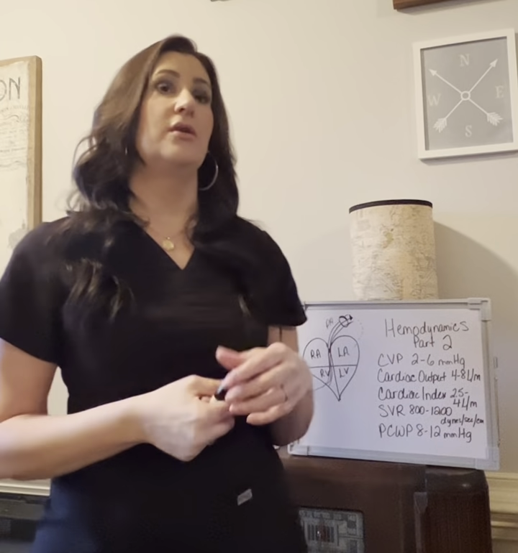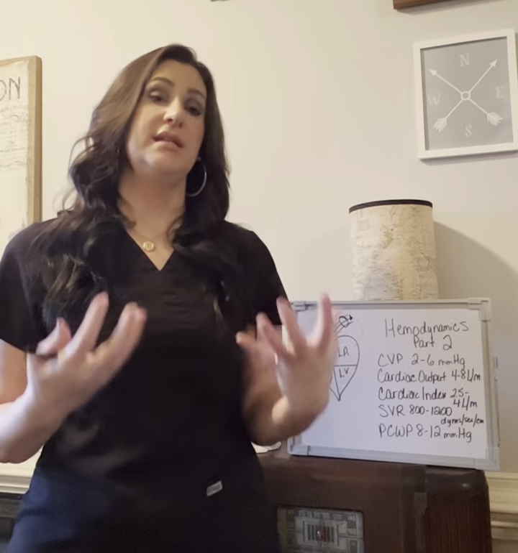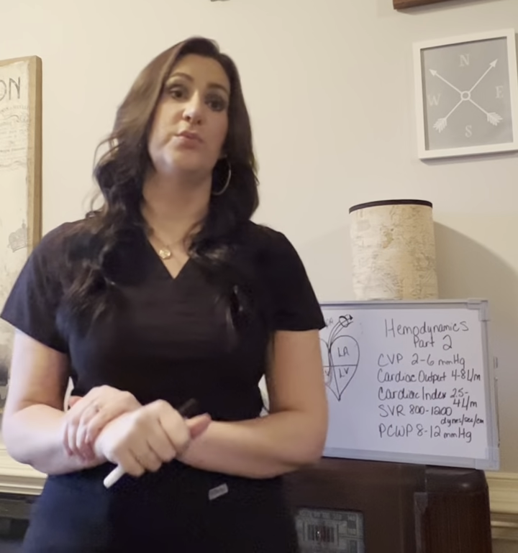Now let's go back to, let's say, our patient in cardiogenic shock. We know that cardiac output is significantly decreased. So that means that tissues are not being perfused like they should. So vessels, in response to that low cardiac output, are going to vasoconstrict, which helps to increase tissue perfusion.